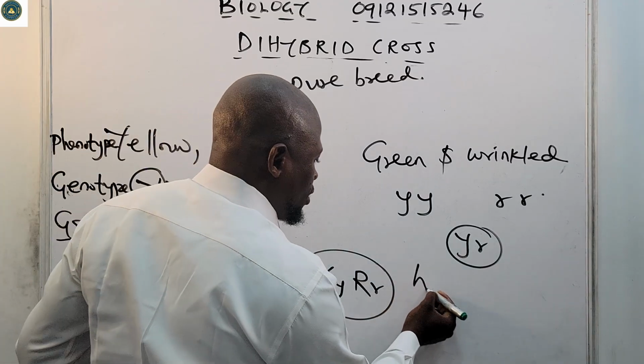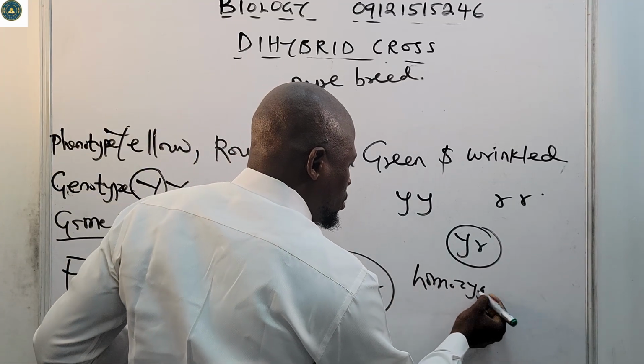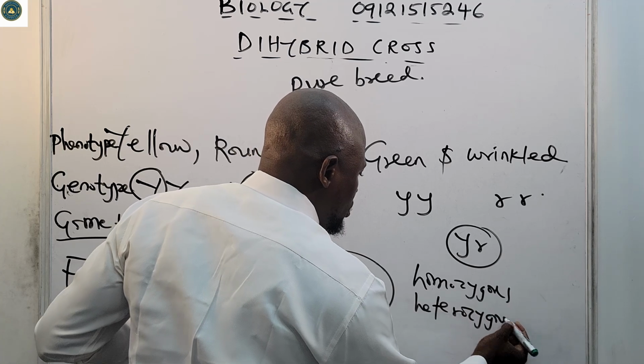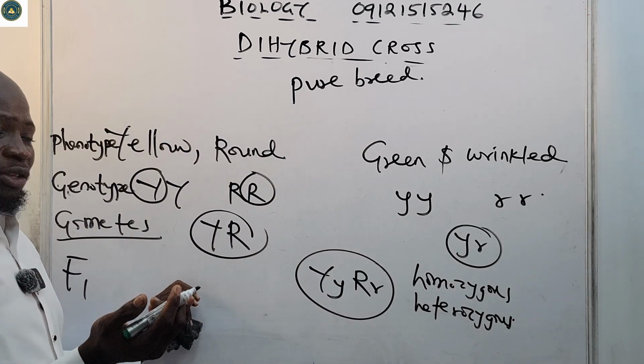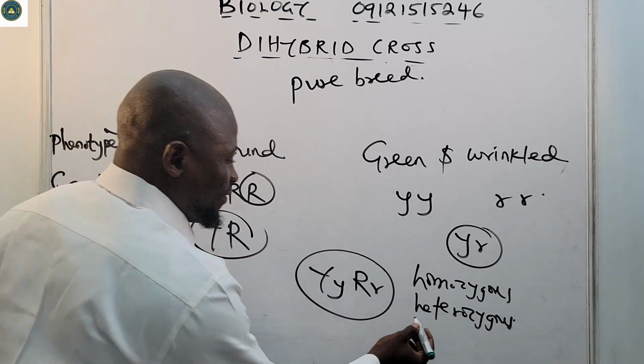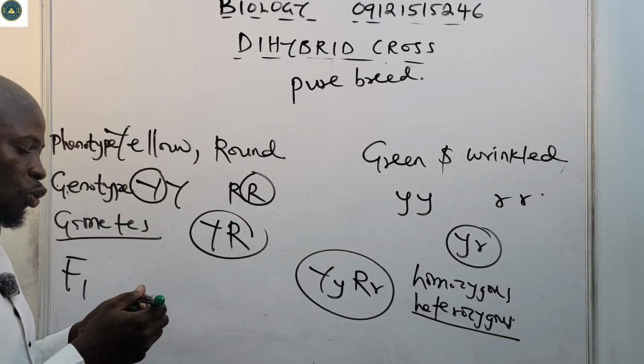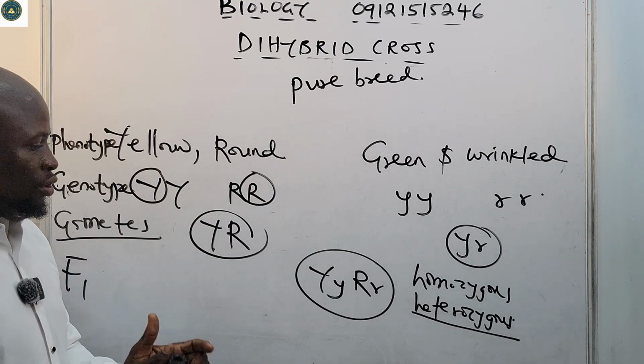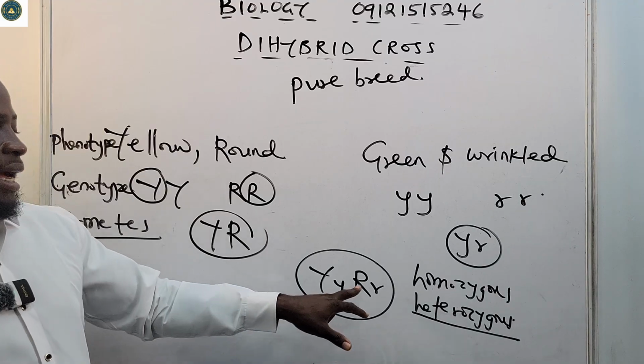Is this F1 homozygous or heterozygous? Obviously, as you can see here, it is definitely heterozygous. It is not homozygous because we're not having similar alleles. So we have Yy, Rr.